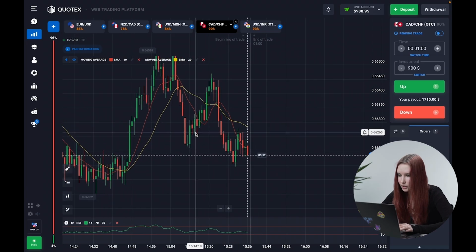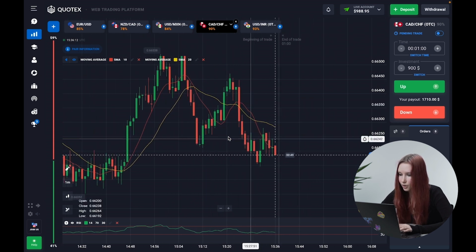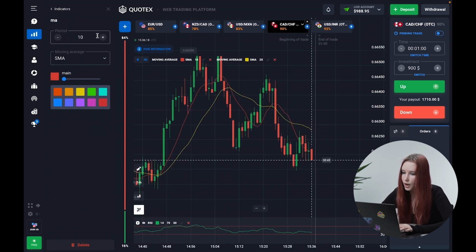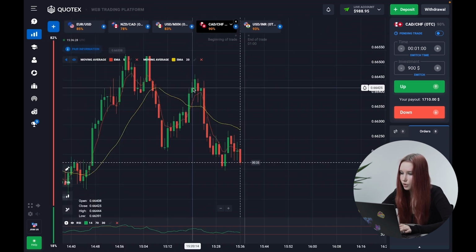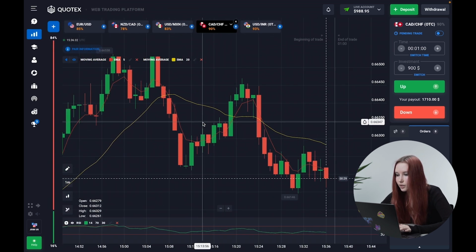This red line has crossed the red signal line, and yeah, the price is falling down. By the way, I want to do this trick. I want to change this period to 10, or I think 5, for example, and I also want to change the simple moving average to EMA, because the exponential moving average is much closer to the price change, and yeah, really I like this better.